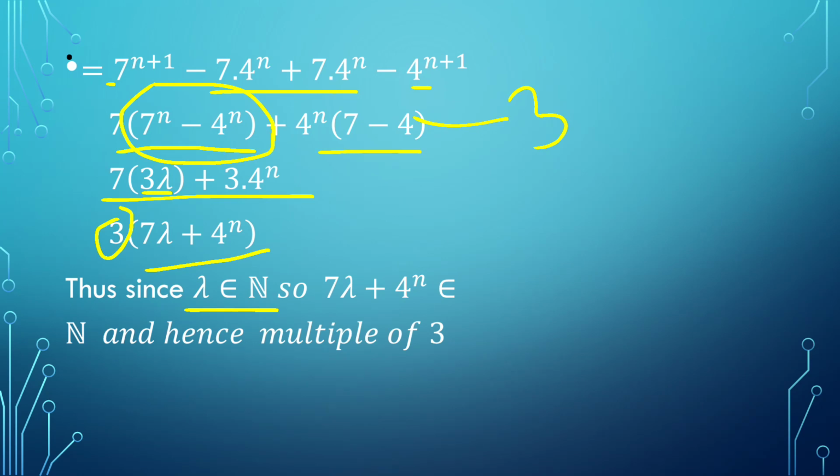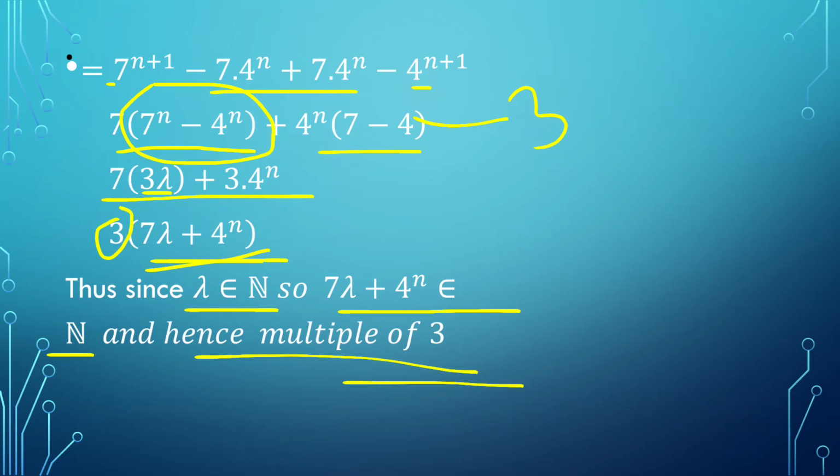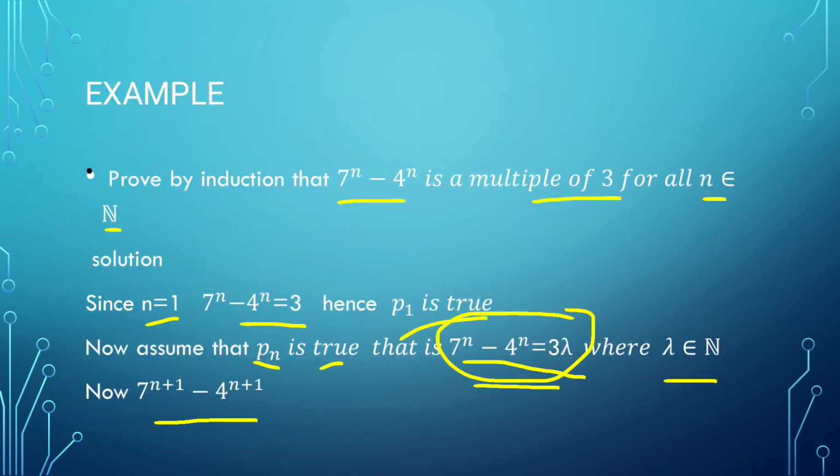That implies that whichever is the bracket here is still also a member of the natural set, and that will mean that this is also truly a multiple of 3. And then by doing so, we have proven that this particular expression here is a multiple of 3.